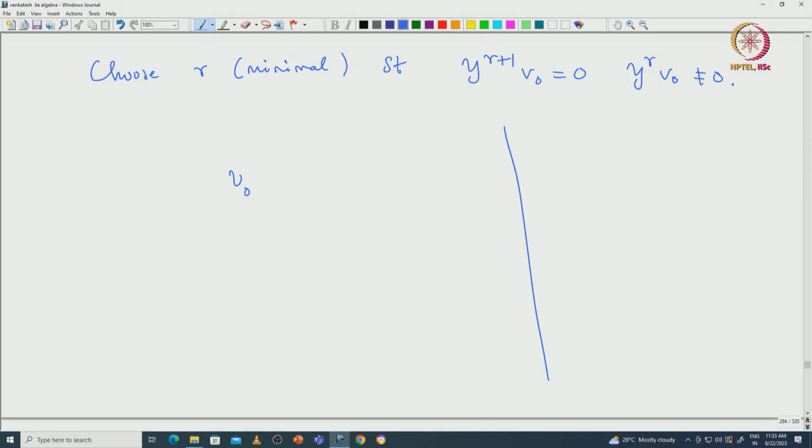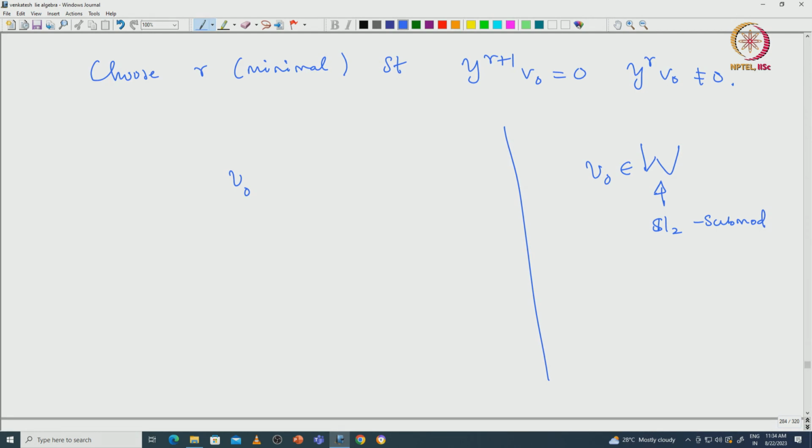It is the intersection of all modules that contain v naught. So, if you apply various elements from sl2C on v naught, the result has to be inside whatever submodule. Let W be a module that contains v naught. Because this is an sl2 submodule, if I take any element of sl2 and apply it to this v naught, it has to be inside W.